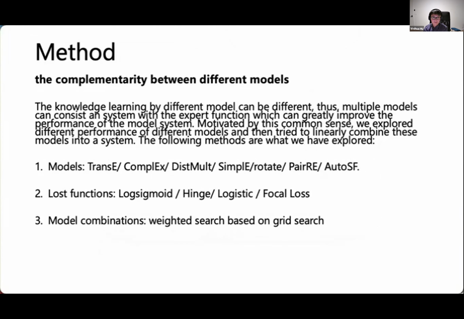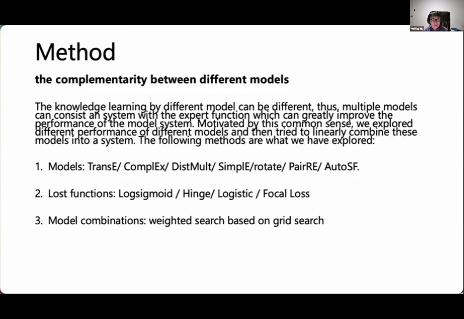Then, I will show the details of the complementarity between different models. The knowledge learned by different models can be different. Thus, multiple models can be combined into a system with a fusion function, which can greatly improve the performance of the model system.